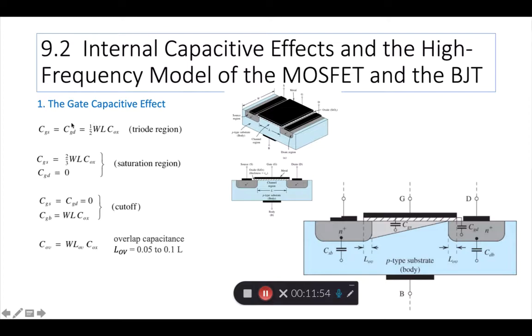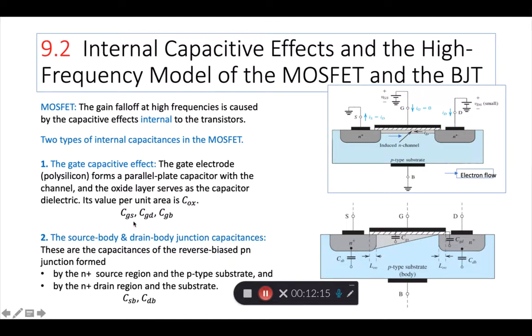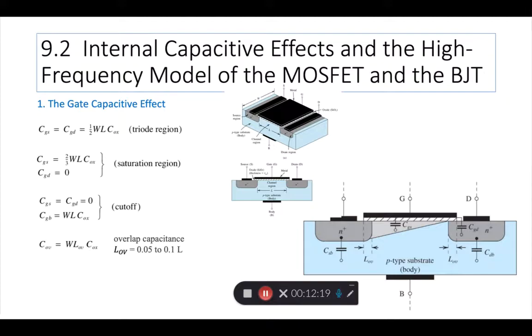So we talked about two types of capacitances, right? Because of the gate and because of the reverse biased body. So let's look at number one first. Again, this has three, right? It has CGS, CGD, and CGB, right? So that was the three that we were shown in the previous slide.